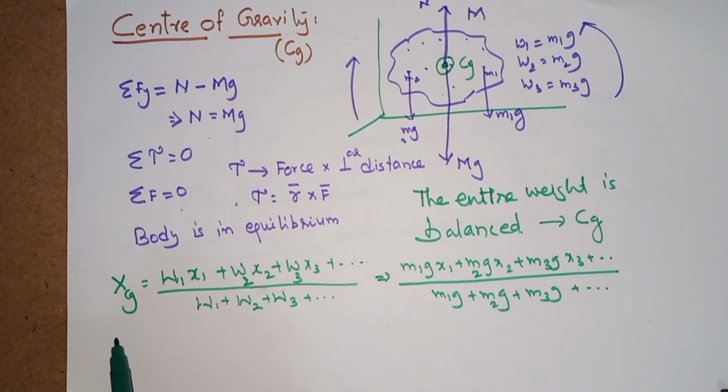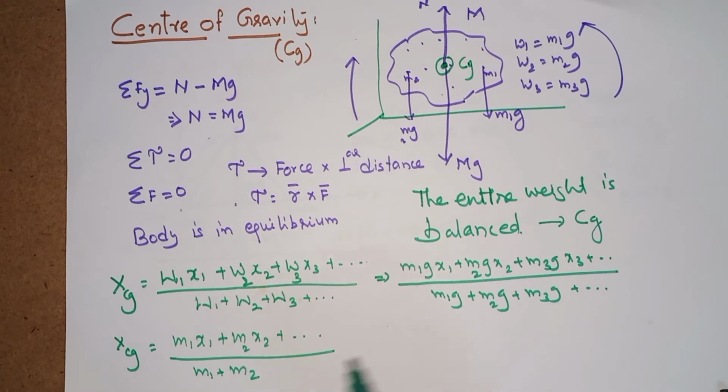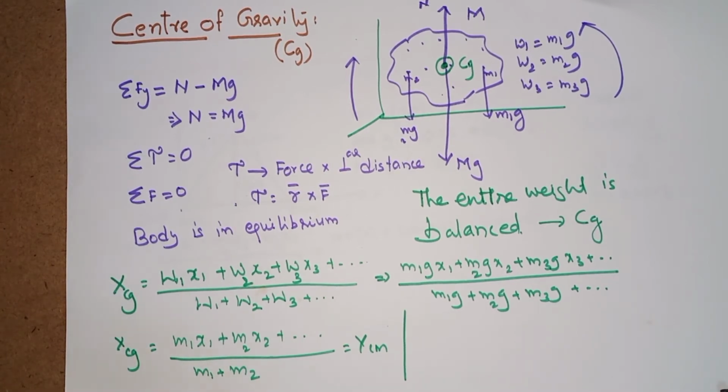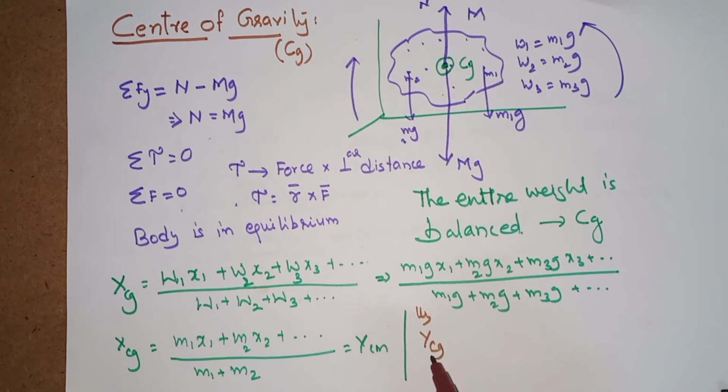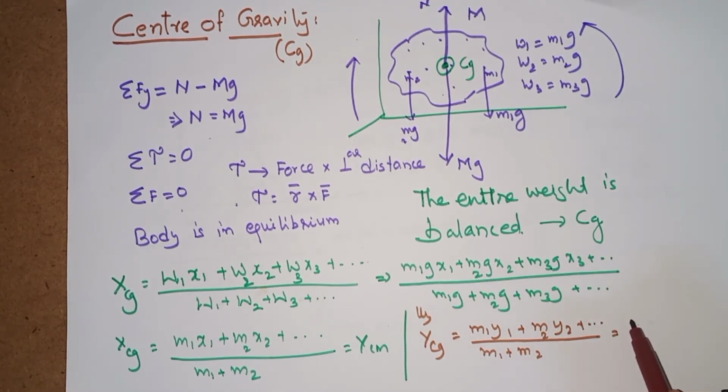Of course, if you take g common, you get simply M1 x1 plus M2 x2 plus M3 x3 by M1 plus M2 and so on, which is equivalent to the center of mass location, XCM. Similarly, for the y coordinate of center of gravity, YCG, we replace x with y: M1 y1 plus M2 y2, and so on, by M1 plus M2, which is again YCM.